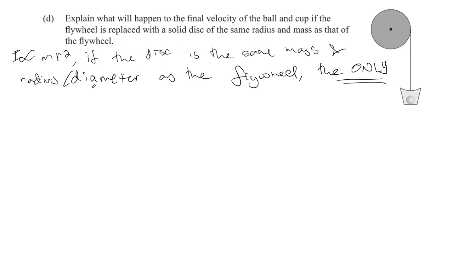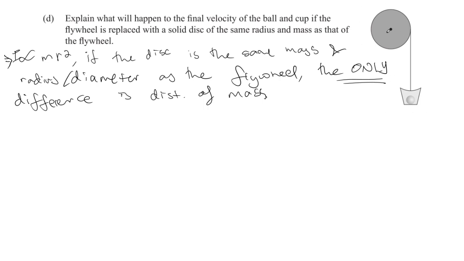See how we talked about what was constant? The only difference is the distribution of mass. I'm going to be talking in bullet points, and you're allowed to talk in bullet points for the actual exam. Totally 100%. In fact, it's recommended that you talk in bullet points because it helps with time.